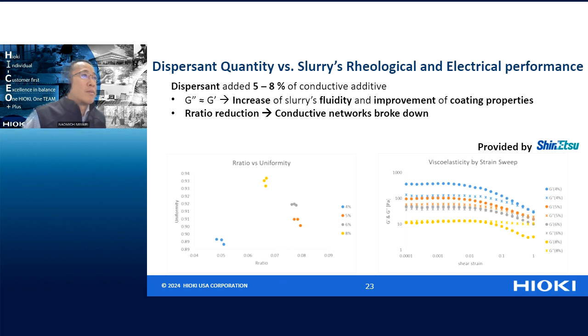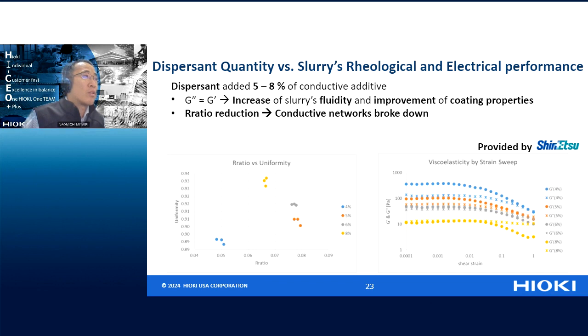And looking at the viscoelasticity results, G double prime and G prime get closer. And this indicates the increase of slurry's fluidity, meaning improvement of coating properties.